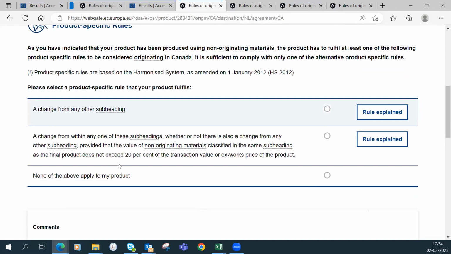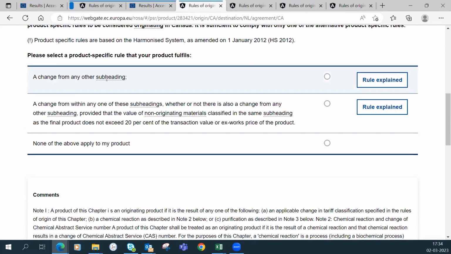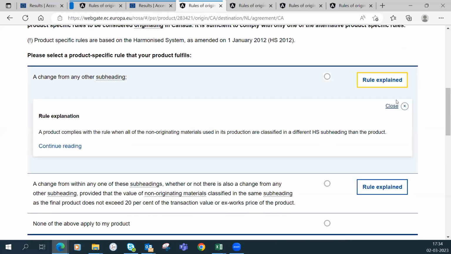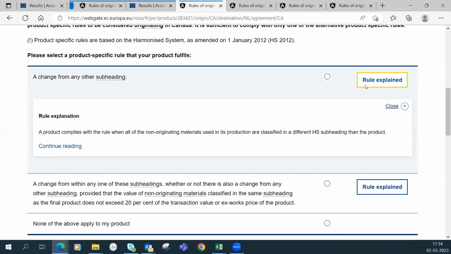But let's imagine that you don't want to apply one of these processing rules, but you don't understand this rule very well. You don't know what a change from any other subheading means. So you can always go to the rule explanation, and the machine will further explain. Continue reading, sorry.